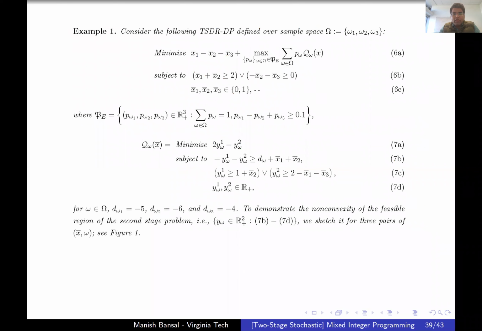One such example is a toy problem up here. So you have these disjunctions. The feasible solution can either satisfy this constraint or this constraint. Similarly, in the second stage, the feasible solution can either satisfy this constraint or this constraint, and all of them have to satisfy constraint 7b.